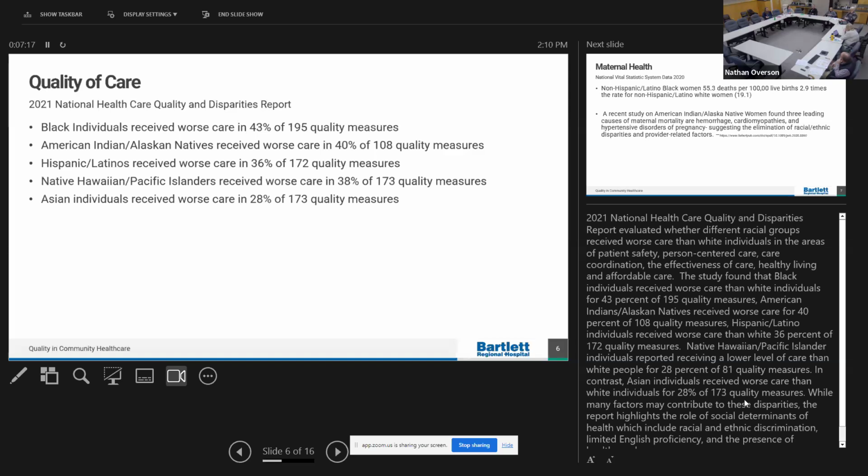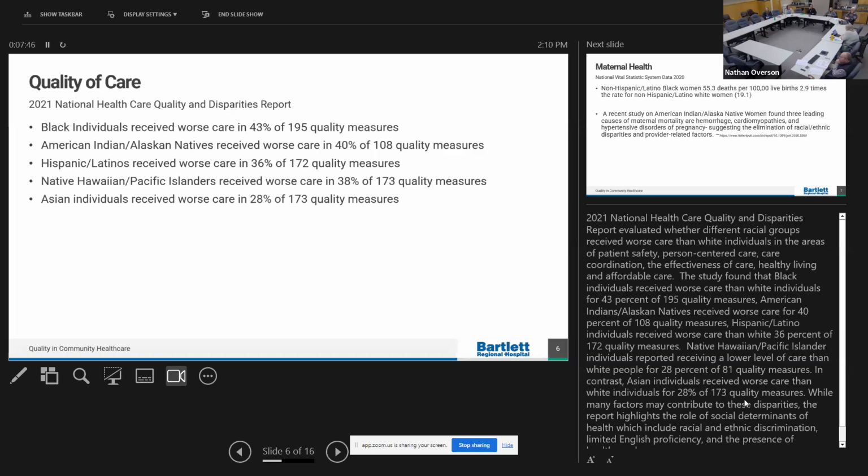Mr. Chair. Oh, yes. My question is, it looks here like not all ethnic groups were rated by the same quality measures. Why would that be? It's based on the number that's reported. These are only the quality measures where they rated lower. They were all rated on 195, but these are the ones that showed worse than white.